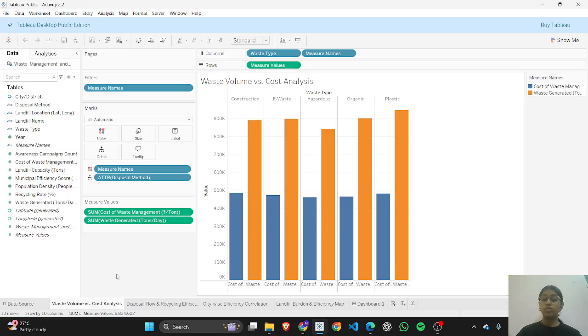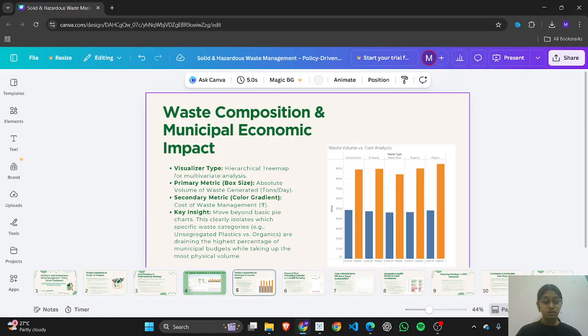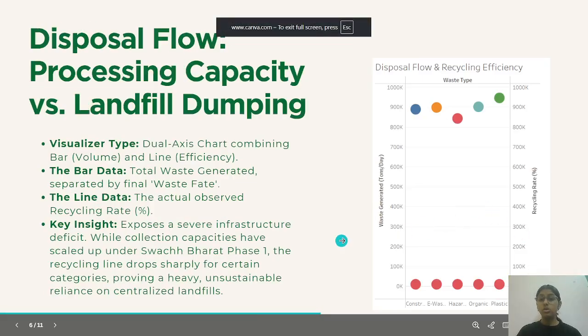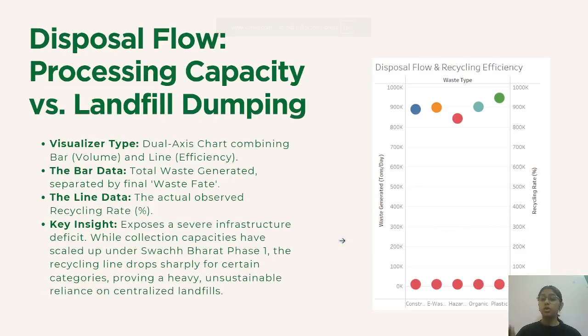This is sheet one, in which for columns I chose waste type, the measure name, and disposal method, and for the rows I chose cost of waste management amount per ton and waste generated tons per day. The next is sheet number two, disposal flow, processing capacity versus landfill dumping.